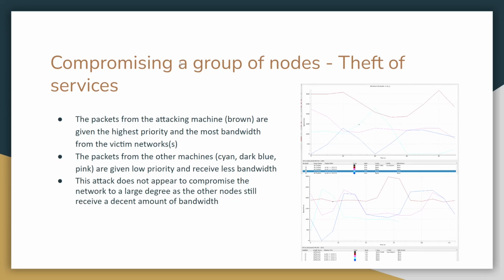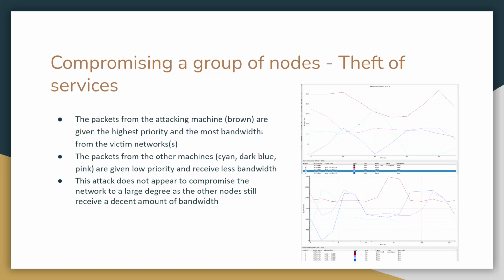So here is our fourth attack, which is to compromise a group of nodes, the theft of services portion. Here is the traffic of the attacking machine on two different victim networks. As can be seen here, the brown line has the most consistent bandwidth in comparison to all the others.